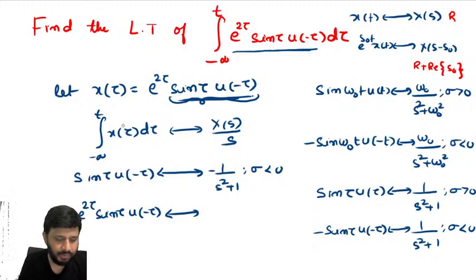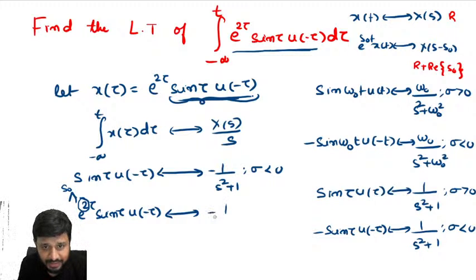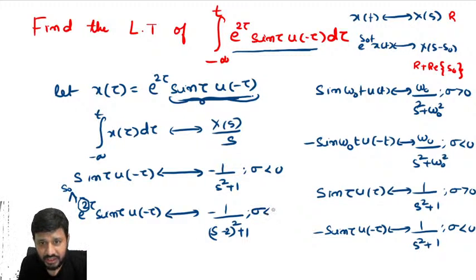We have solved many problems on this one also. So here, in the place of s naught I have 2. Wherever I have s, replace it with s minus s naught: s minus 2 whole square plus 1, with ROC equal to the original ROC plus real part of s naught.